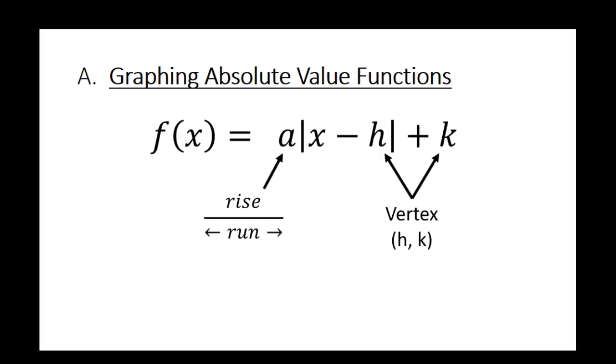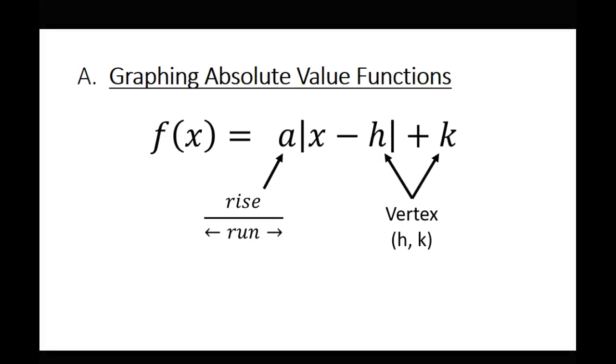What do you guys notice that's interesting about the run, though? I've got little arrows next to it, right? Now, when we did straight lines, it was rise and run, right? But with absolute value functions, you're going to start from your vertex. You're going to rise, but you're going to run in two different directions.